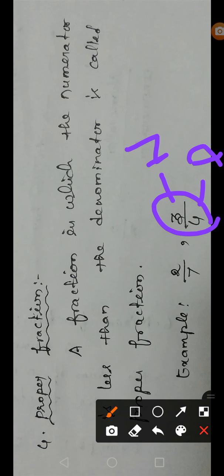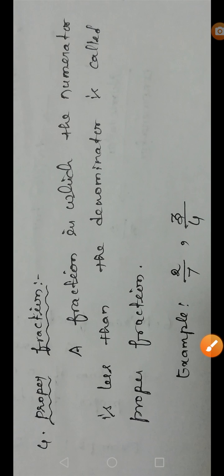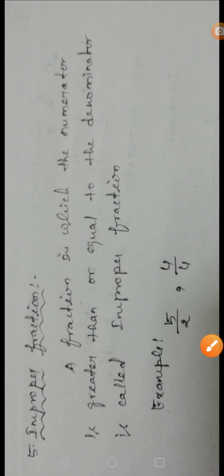Numerator 3, denominator 4. 3 is less than 4. When the numerator is smaller than the denominator, that structure we call a proper fraction. Can you understand, students?